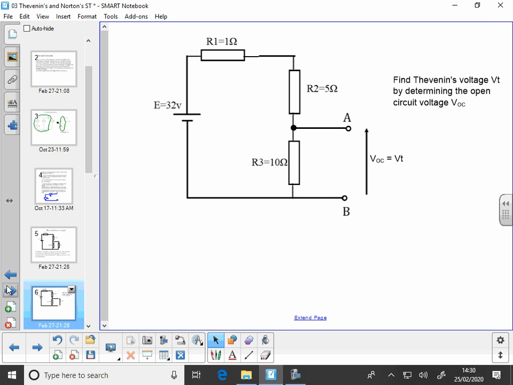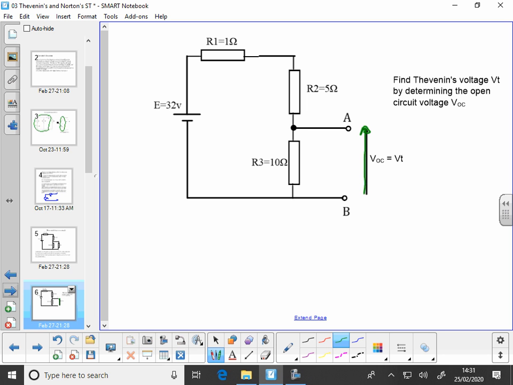So, the first thing we do is to find the Thevenin voltage Vt by determining the open circuit voltage. So we need to use any other normal calculation method we know to find the voltage across these terminals here.